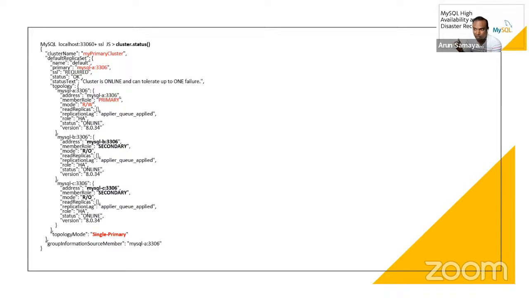The member role is primary, and it will be in read-write mode. MySQL B is in a secondary role, and the mode is read-only. Similarly, MySQL C is also in a secondary role, and the mode is read-only for that server. If we look at the topology mode, the demo setup we have is a single primary mode. If you wanted a multi-primary mode, an active-active type of setup, that's where you deploy the InnoDB cluster as multi-primary mode. Next slide, please.